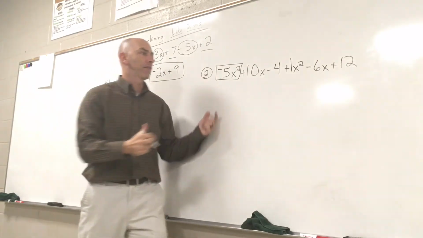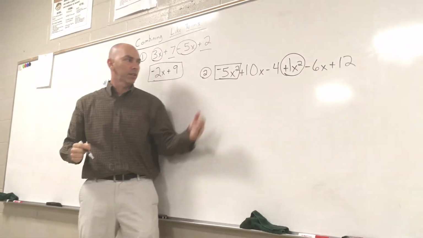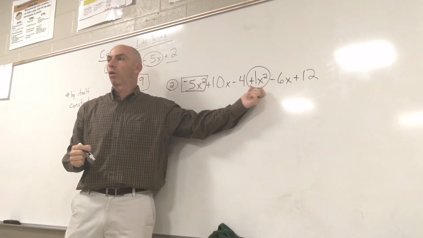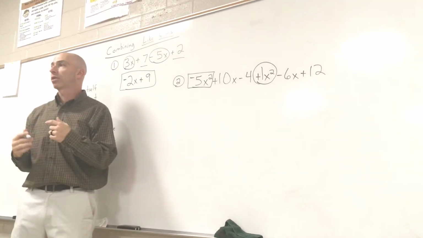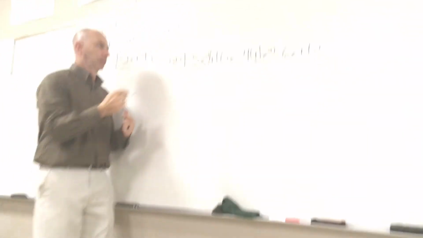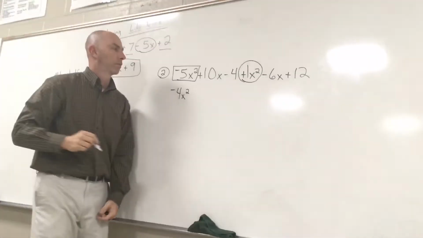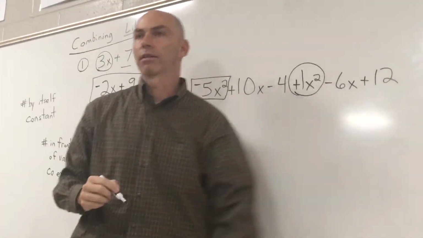So we have a positive 1x squared. So I got negative 5x squared and a positive 1x squared. Combine those two, and we get negative 4x squared. So all the x squareds are taken care of.